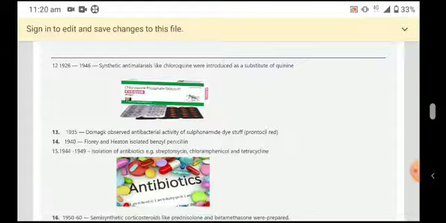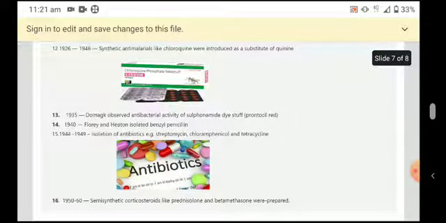Sulfonamide dyestuff. In 1940, Fleming and Florey isolated benzyl penicillin as an antibiotic. And from 1944 to 1949, the isolation of various antibiotics was carried out in a period of 5 years, for example streptomycin, chloramphenicol and tetracycline.